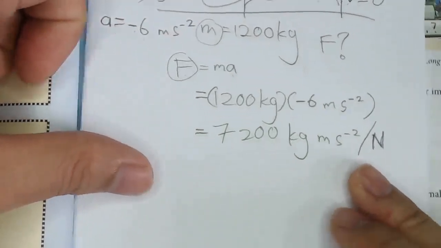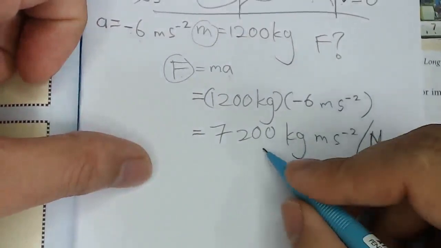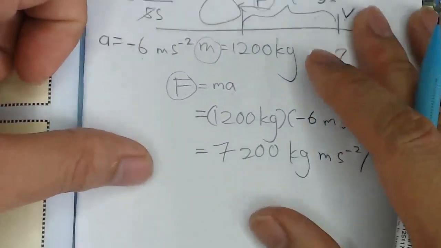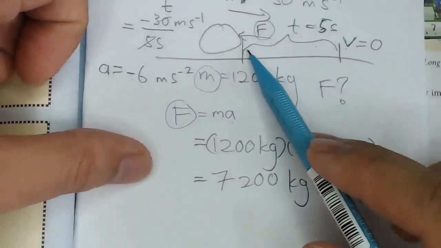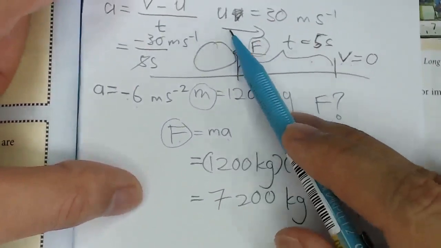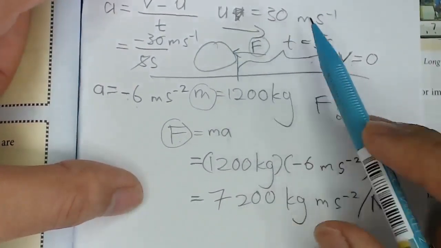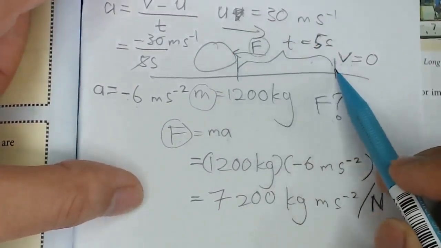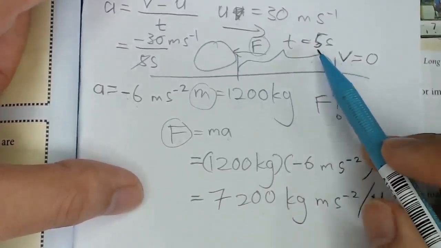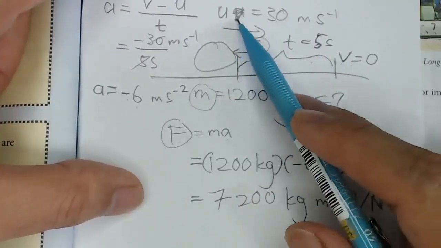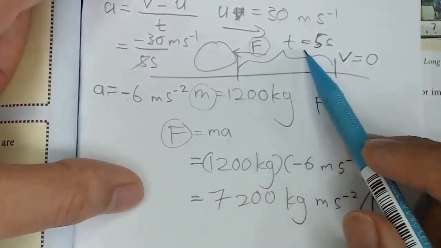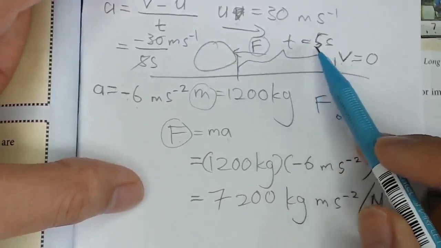So here it is, the force applied to brake this car, starting from the initial velocity 30 until it comes to rest, v equal to 0, where the time taken to do the deceleration is 5 seconds.